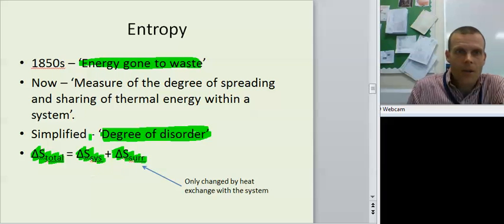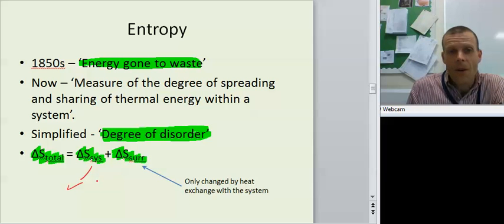So the entropy within the system, you've been able to work out in topic 15, where you'll have had absolute entropy values and you've worked out the entropy change for a reaction. The surroundings, however, is harder to measure, because if you imagine you've got your reaction vessel here, whether it's a beaker or your polystyrene cup, something like that, you're able to see what's in there and work things out.